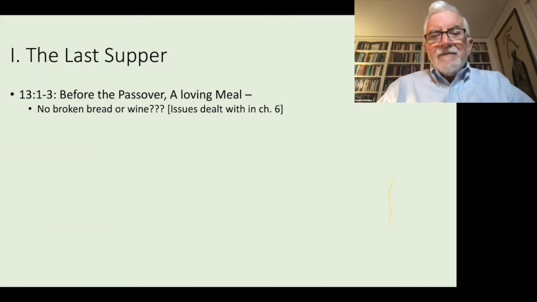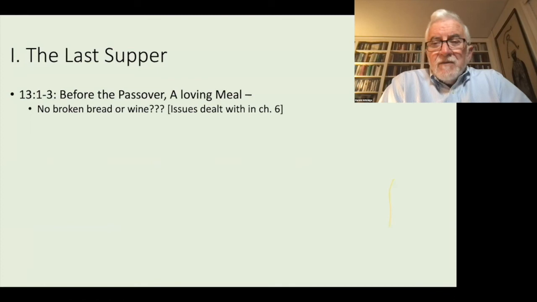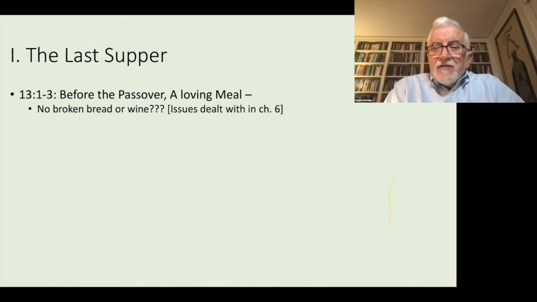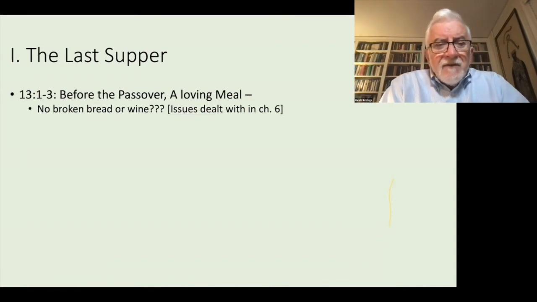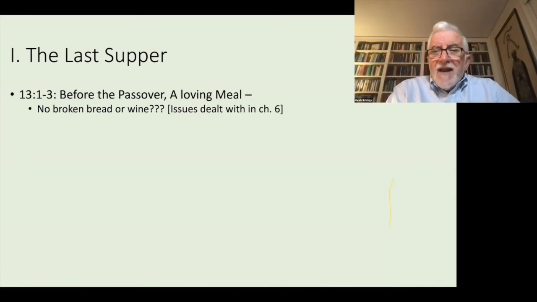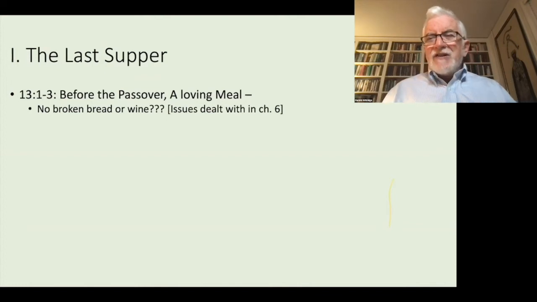The Last Supper is a meal before Passover, so not a Passover Seder, can't be, because the Passover lambs are being slain on Good Friday. So it's a different kind of meal from what we're used to seeing in the Synoptic Gospels. And there's no broken bread or wine used as a symbol of blood, all of which are issues that seem to have been dealt with back there in chapter 6.